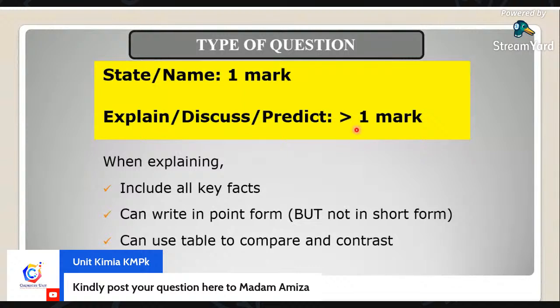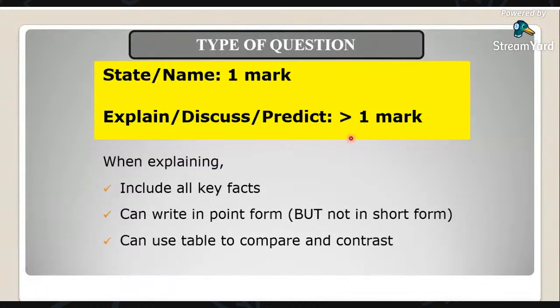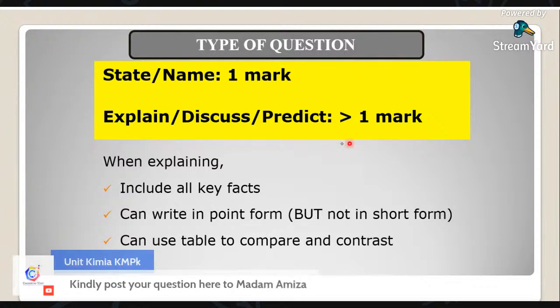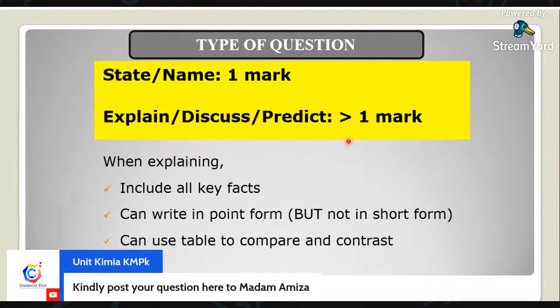Explain means you have to explain in words, in sentences, or you can calculate to prove. When explaining, include all the key facts. We can write in point form but not in short form. You can also construct a table to compare and contrast.